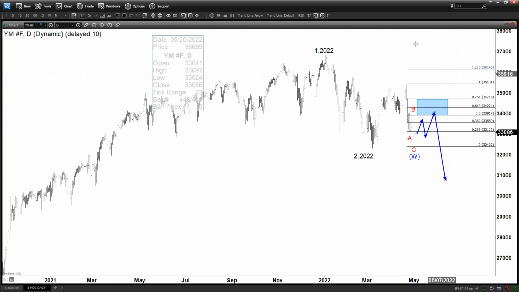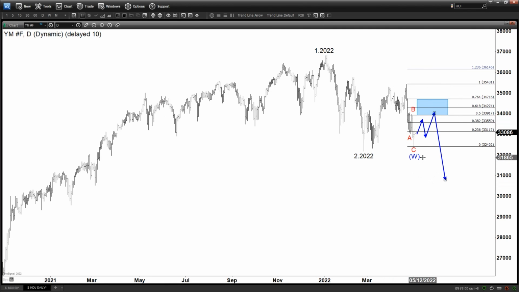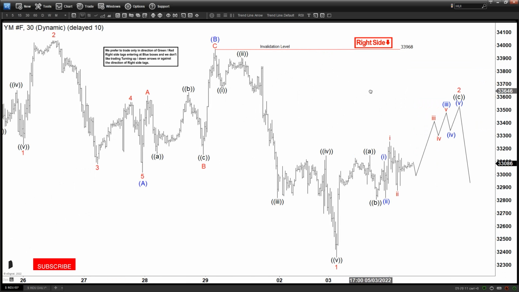Regardless, whichever the case may be, whether it is the more aggressive or the less aggressive, most likely after the rally is over in a 3, 7, 11 swing, that rally should fail and then continue to go down again. Okay, so that is the idea for the Dow futures here.